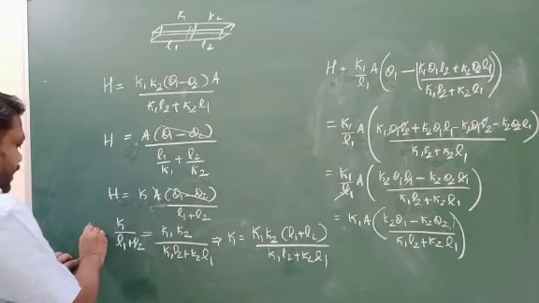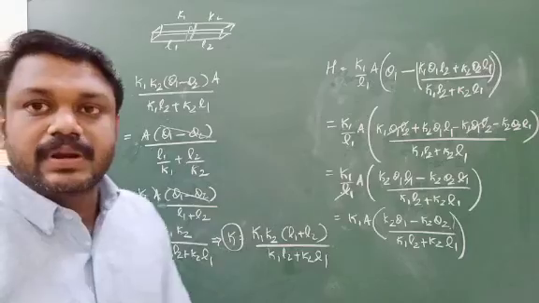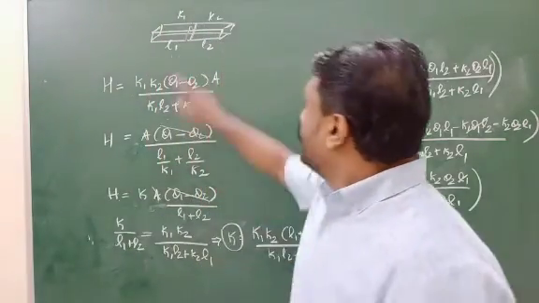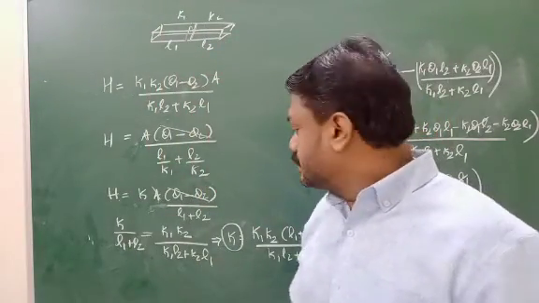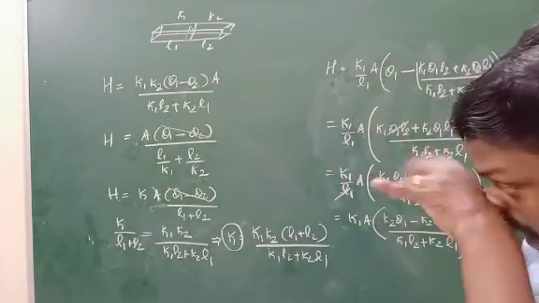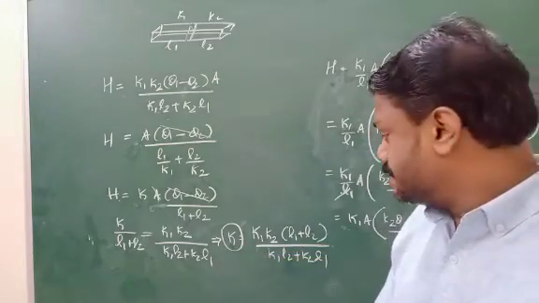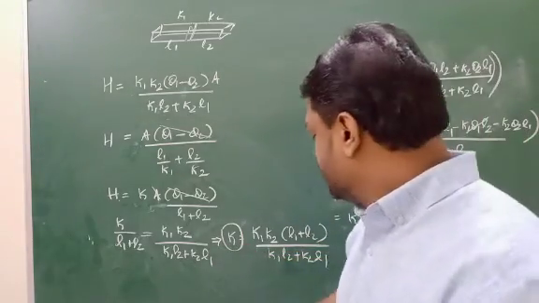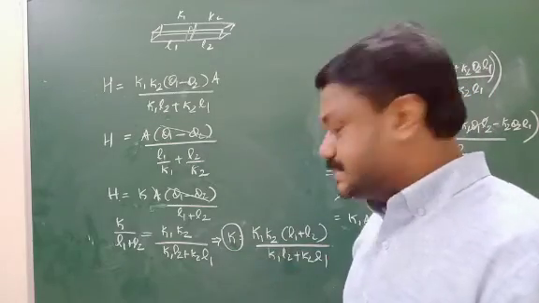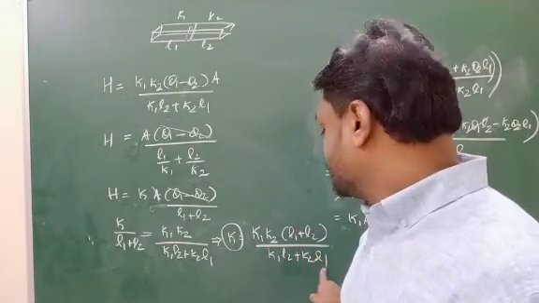What is this K? This K is the effective thermal conductivity of the combination. So K is the effective thermal conductivity when conducting slabs are connected in series. Then effective thermal conductivity K is equal to K1 K2 into (L1 plus L2) divided by K1 L2 plus K2 L1.